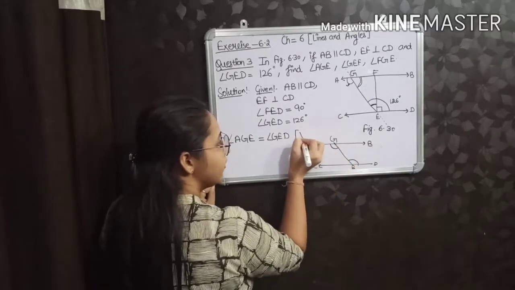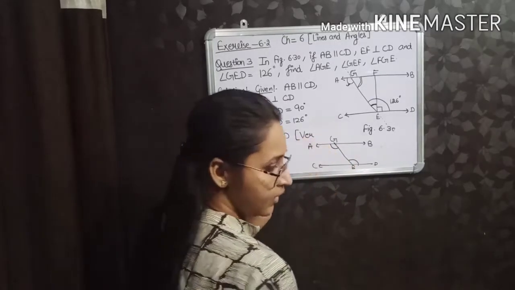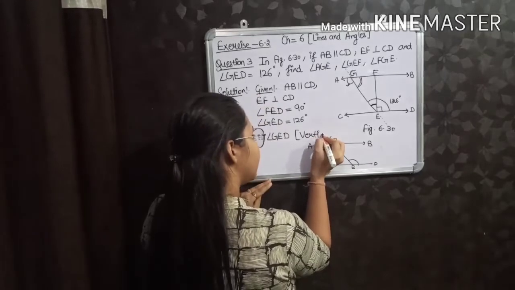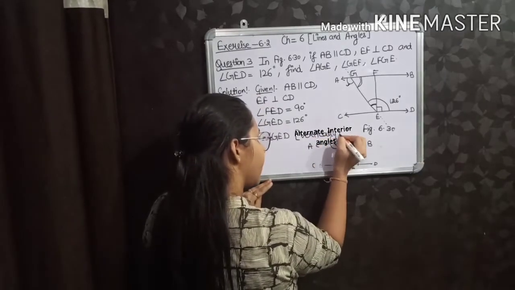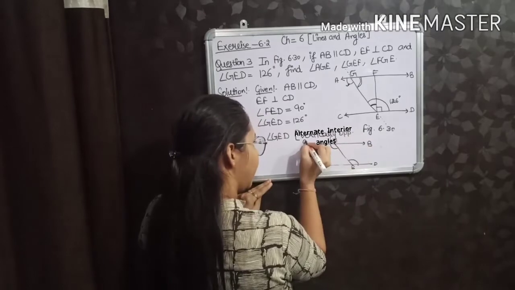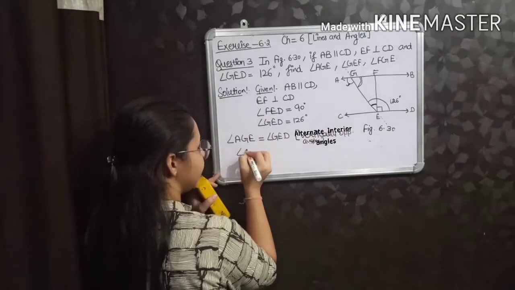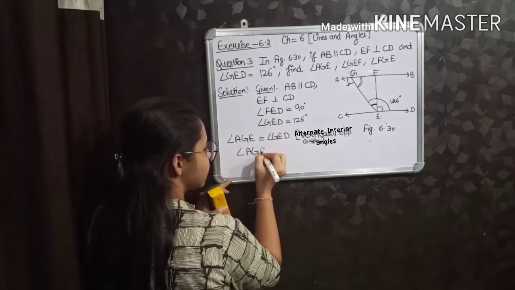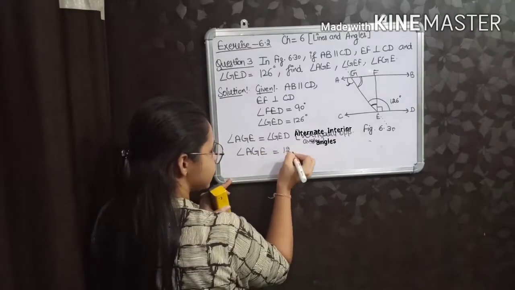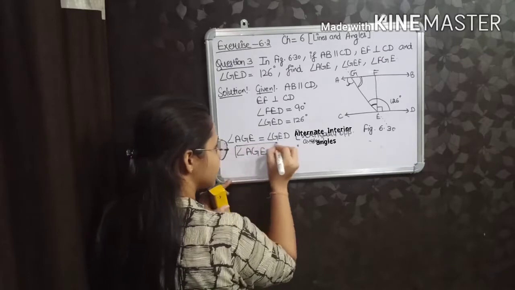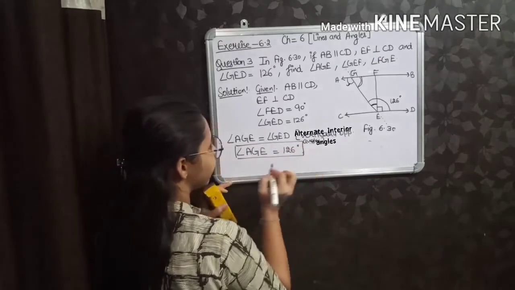Why? Because vertically opposite angles. So it implies angle AGE is equal to 126 degree. This is first part.